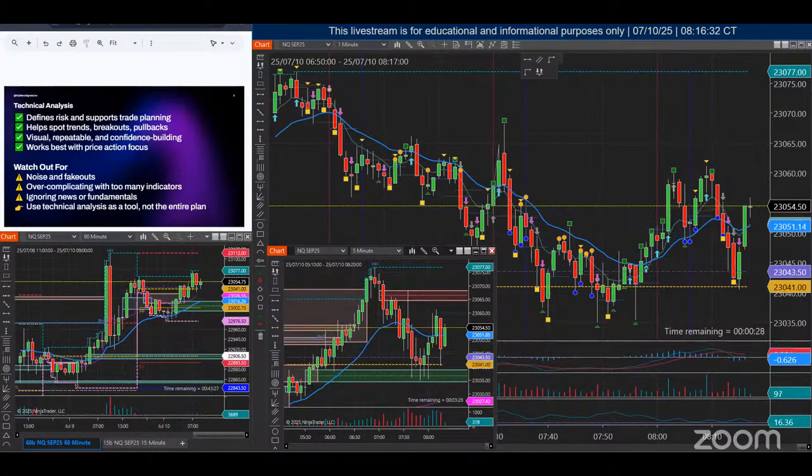Technical traders fall into that all the time. So that's why I try to stay neutral. It does not mean I am free from these biases, but the goal is to read what is in front of me and not what I want to see.